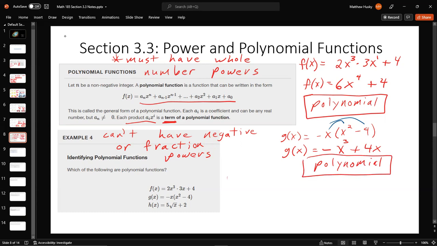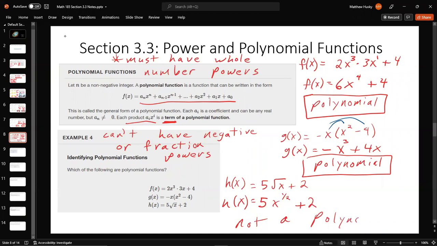Now, for this last one, h of x, you've got 5 square root x plus 2. We had this conversation earlier. You could write the square root of x with a power, which would be 5 times x to the 1/2. And as we mentioned, you cannot have negative powers, and you cannot have fraction powers in a polynomial. So then what this means, this is in fact not a polynomial.